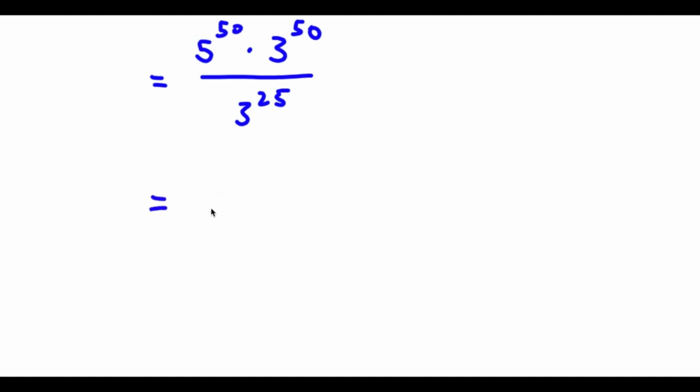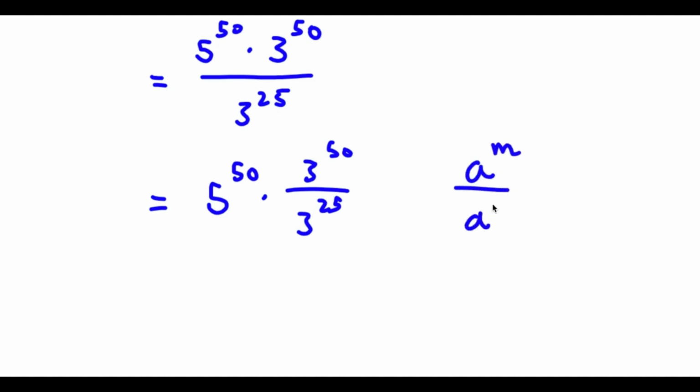Now this can also be written as 5 to the power of 50 times 3 to the power of 50 over 3 to the power of 25. And now if I have something in the form a to the power of m over a to the power of n, this is equal to a to the power of m minus n.